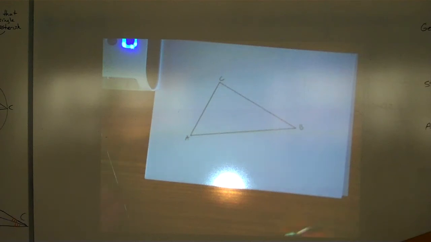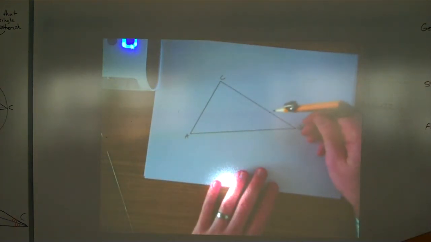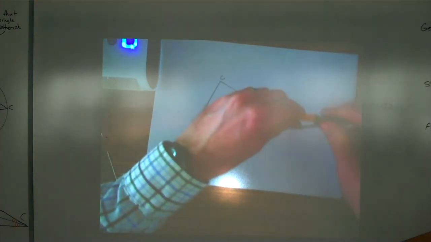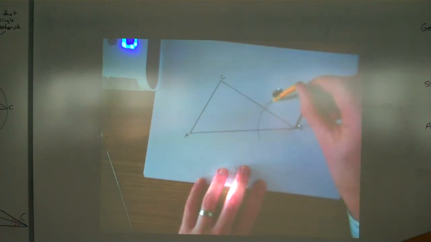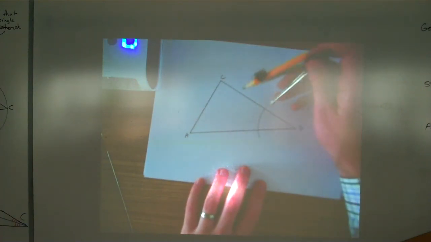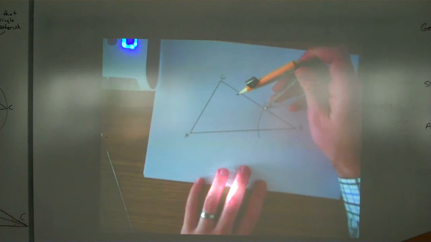Okay, let's start with any one. I'll start with B. I'm going to do the angle bisector. So again, sweep out my arc. One intersection.